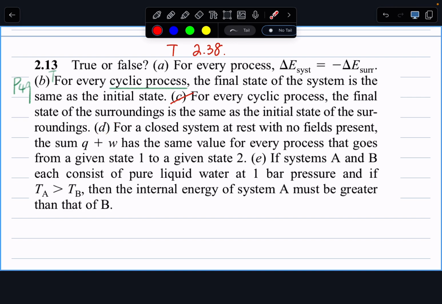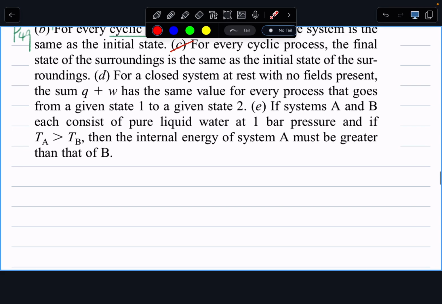Okay, back to D. For a closed system at rest with no fields present, the sum Q plus W has the same value for every process that goes from a given state 1 to a given state 2. All right, so I'm just going to write out what we have.